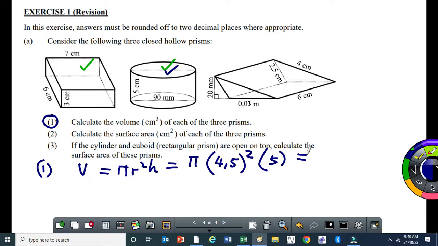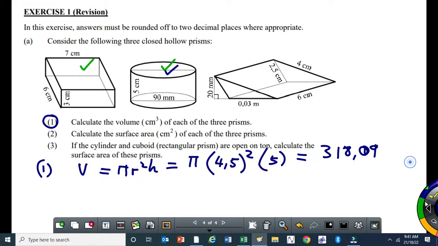Tell me you've got your calculator. Pi times 4,5 squared times 5. 318,0. Okay, so that would be cubic centimeters.